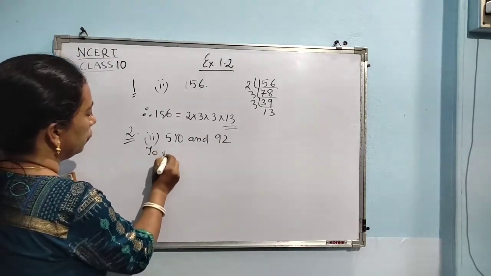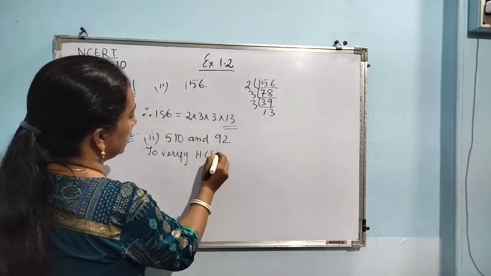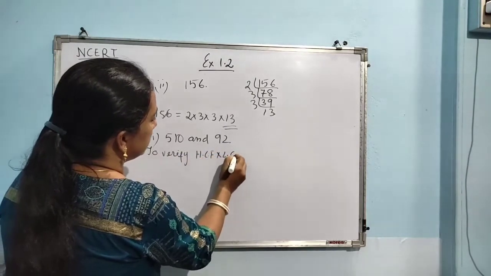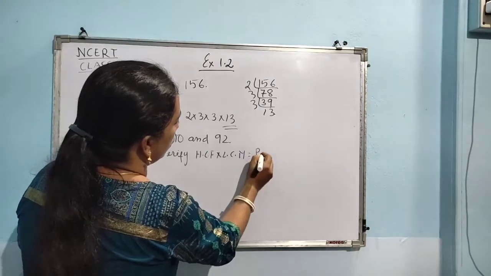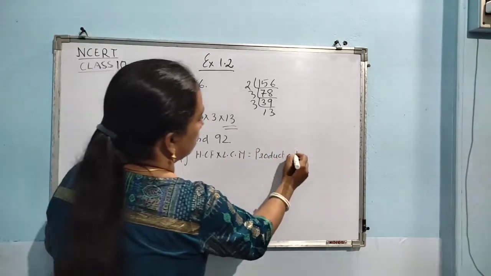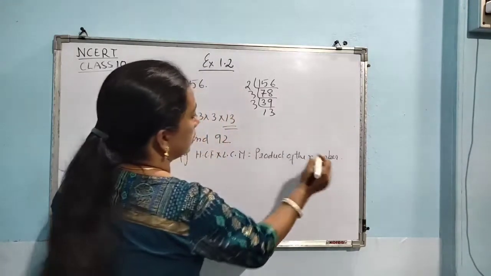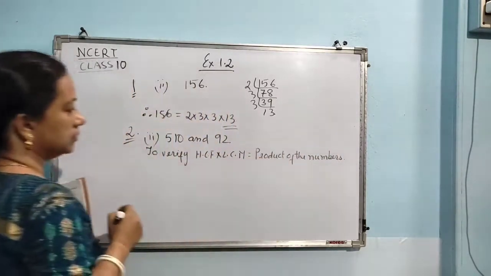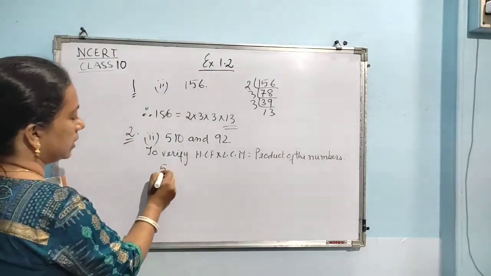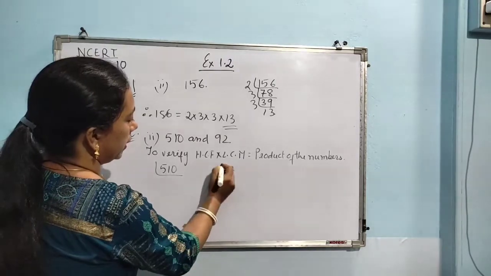To verify HCF into LCM is equal to the product of the numbers. Okay, so let us start with 510. Do the prime factorization. Similarly go for 92 also.